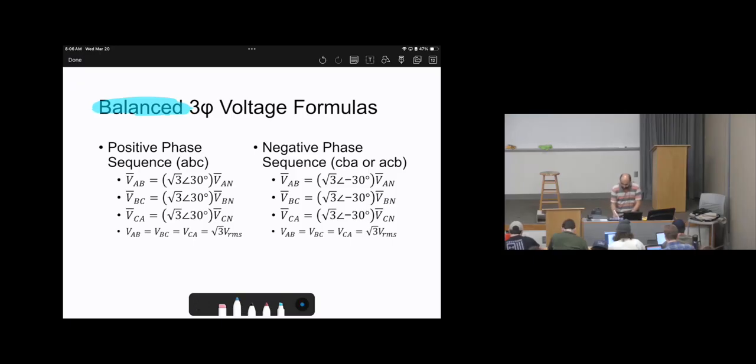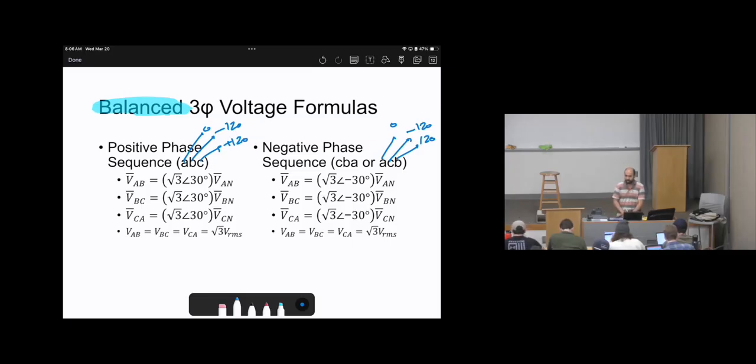For ABC, A has angle 0, B negative 120, C positive 120. ACB is the opposite: just swap between C and B, so C will be negative 120, B will be positive 120. So you need to be aware of all of these sequences.